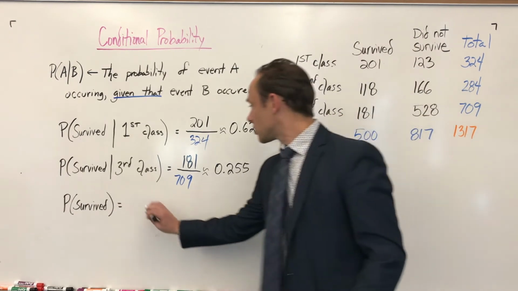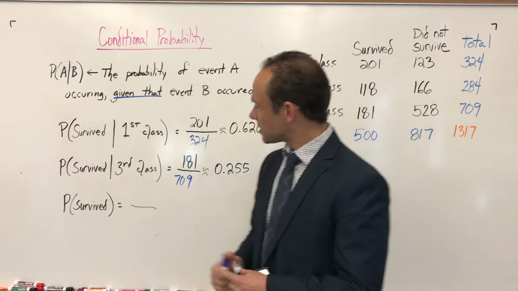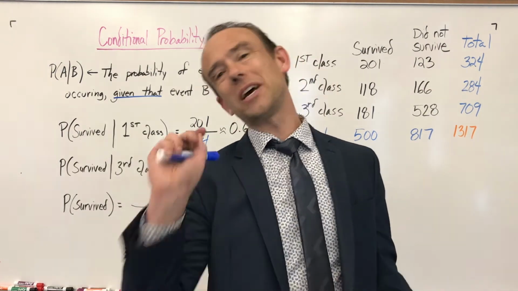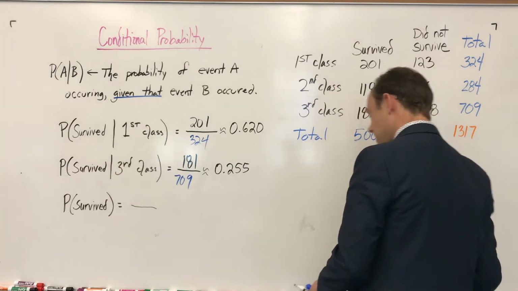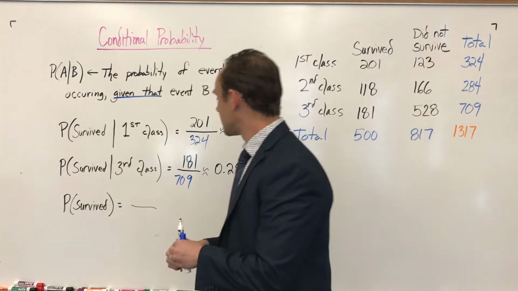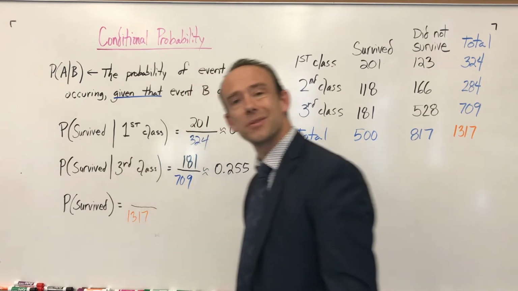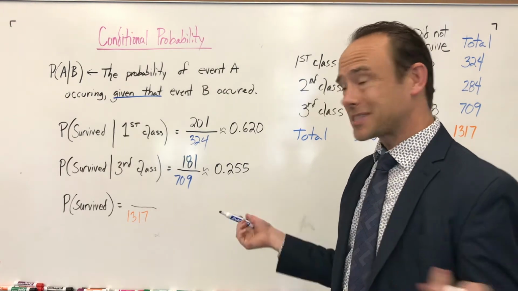But before I say adios, let's just go to this problem, which is: what's the probability that somebody on the Titanic survived? So a randomly selected passenger from the whole boat. Now the whole boat is in play, all three classes, 1,317 people. What's the probability that somebody survived?